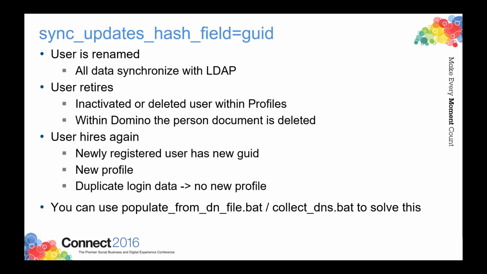But when you paste a document into the Domino directory, it will get a new document ID. So my GUID value in Connections will change. So you should be sure that your Domino administrators do not use cut and paste when you use GUID as a hash field. But as a workaround you can use the collect DNs and populate from the DN file too.